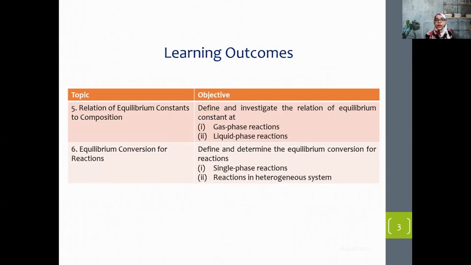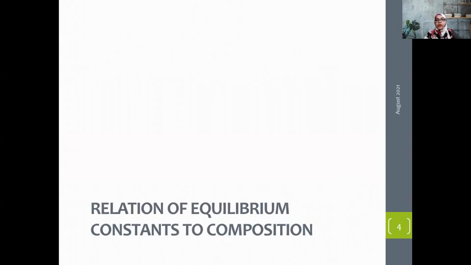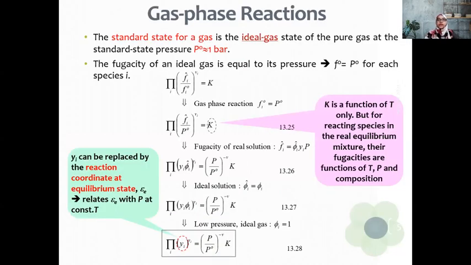So we will learn about the definition and also how to determine the equilibrium conversion for the reaction. The equilibrium conversion is denoted by epsilon E for the single phase, and if the reaction is a heterogeneous system. Okay, the first topic is to correlate the equilibrium constant to the composition.